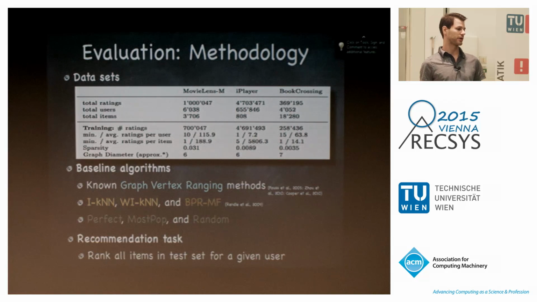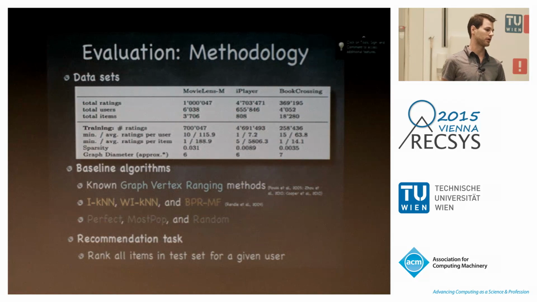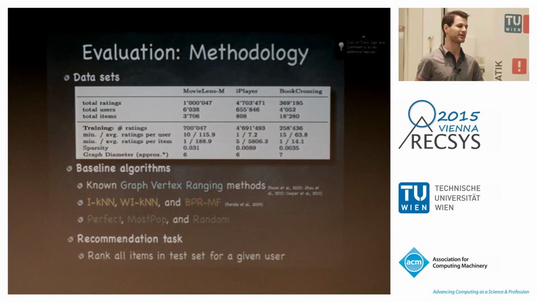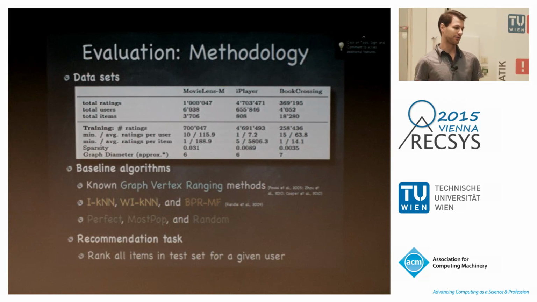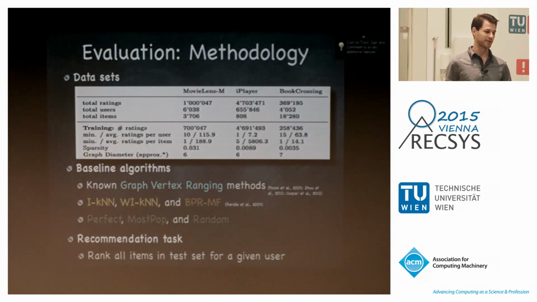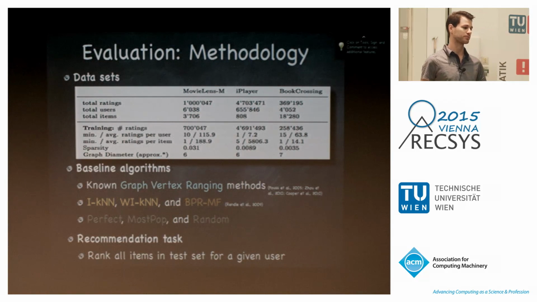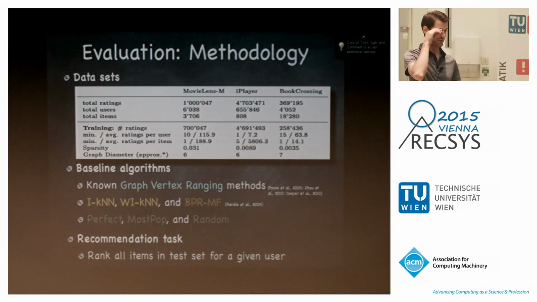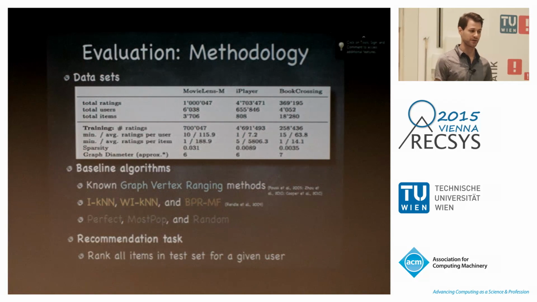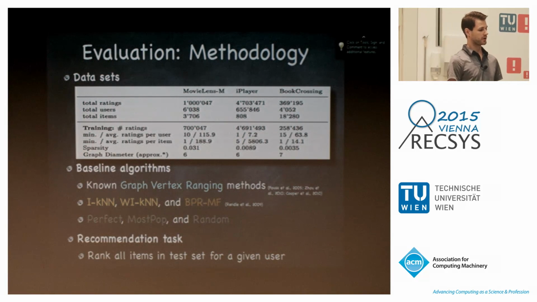To facilitate comparison, we also included a perfect recommender, which is a virtual recommender that ranks all the hits of a target user at the top of the recommendation list. Of course, we also calculated the unpersonalized most pop ranking, and a random recommender, so generating a random recommendation list for each user.